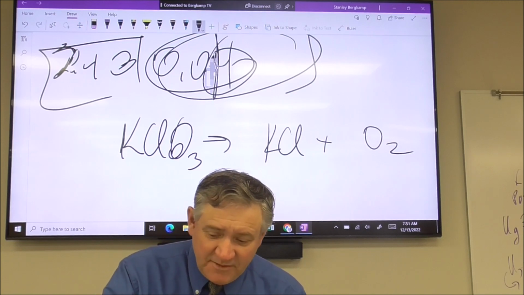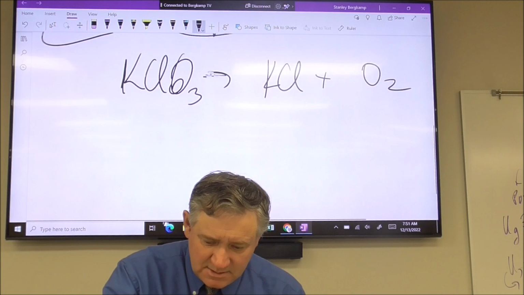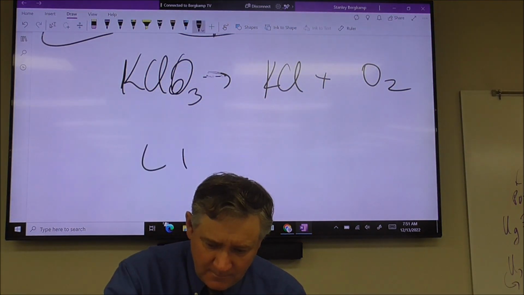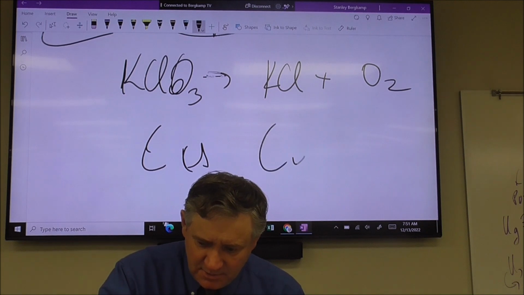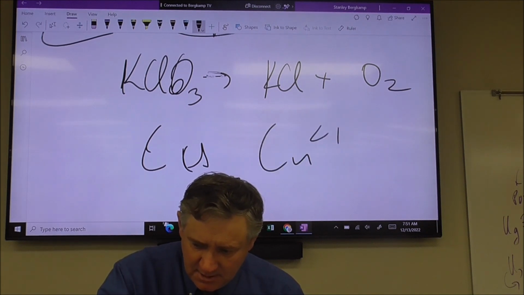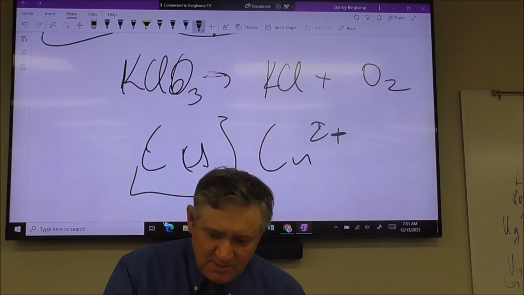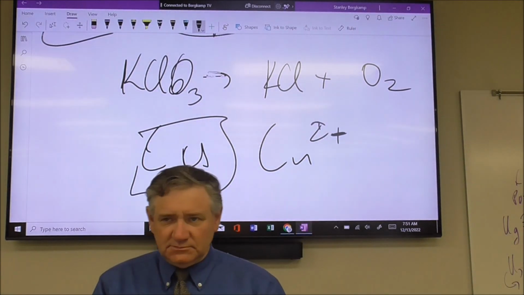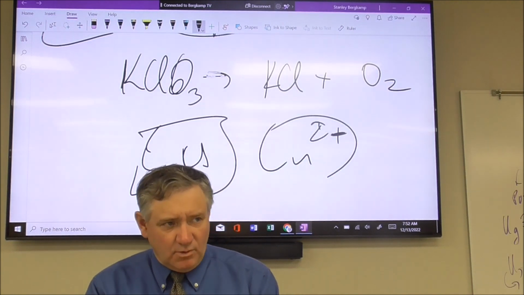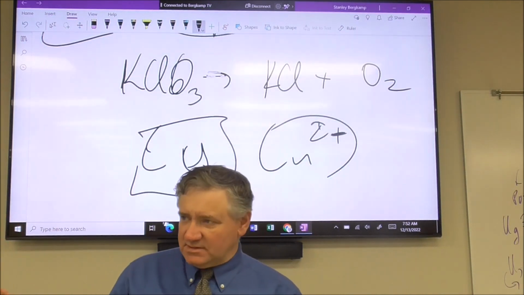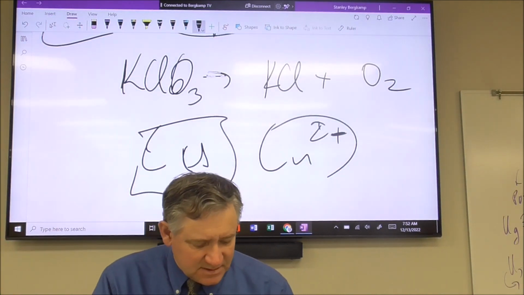Because there's a big difference between Cu and Cu2+, okay? Cu is a chunk of copper, like a penny. Cu2+ is an ion that exists in water, and they mean completely different things, okay? Completely different things.